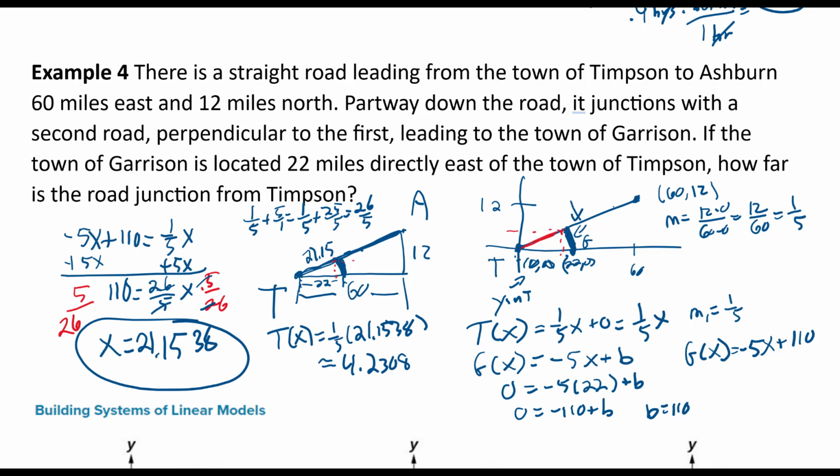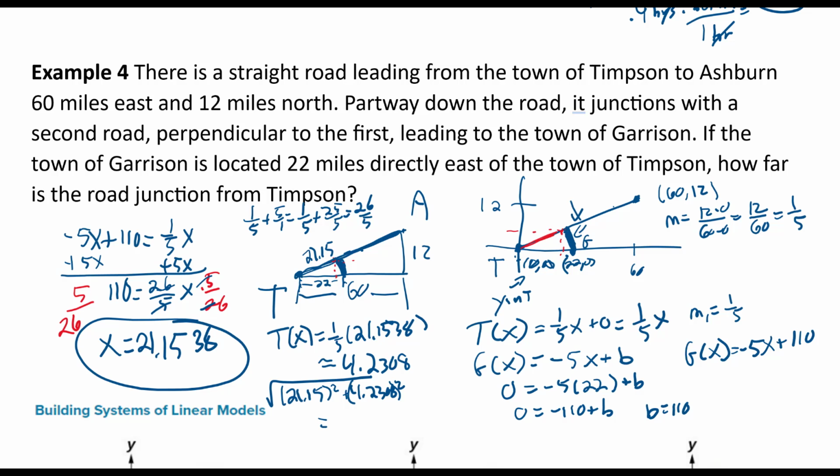So now I'm going to look at the distance as the square root of the x from 0 and the y from 0. So it's going to be 21.15 squared plus 4.2308 squared. You can see a minus 0, but I'm just saving some time here. It's already running long on this video.